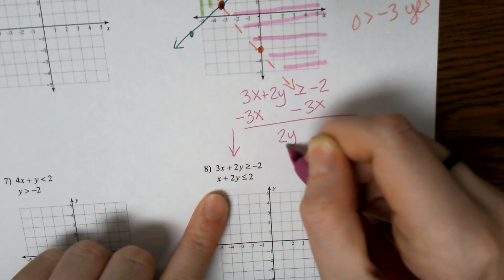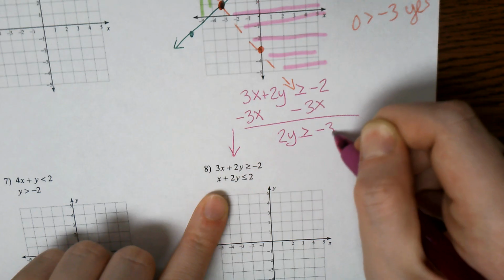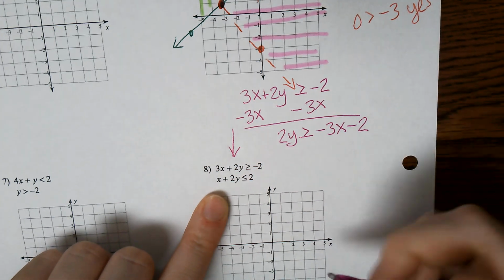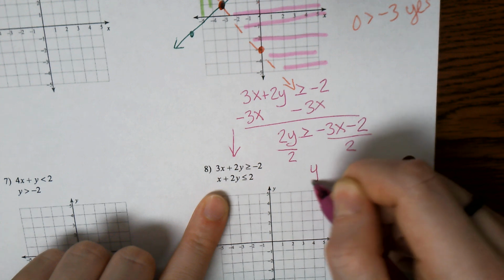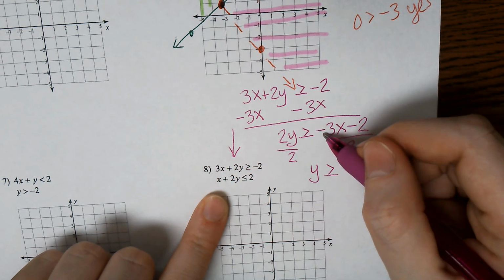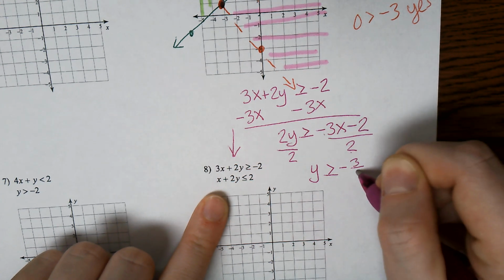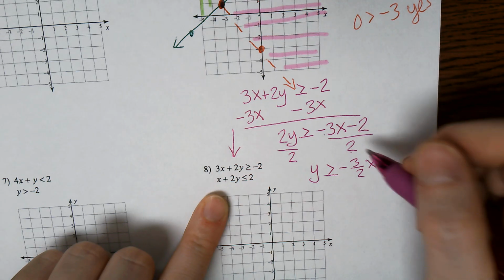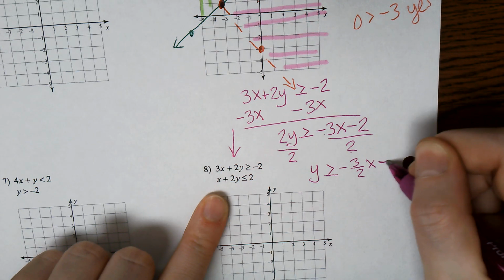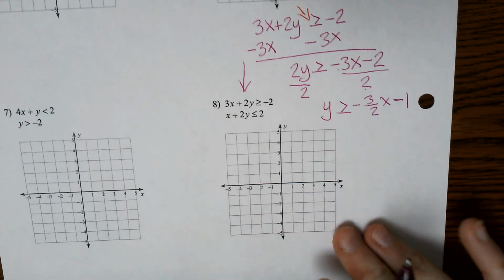So I have 2y is greater than or equal to negative 3x minus 2. Then I have to divide both sides by 2. So y is greater than or equal to negative 3 over 2 times x minus 2 divided by 2, so minus 1. Then I can go about graphing this.